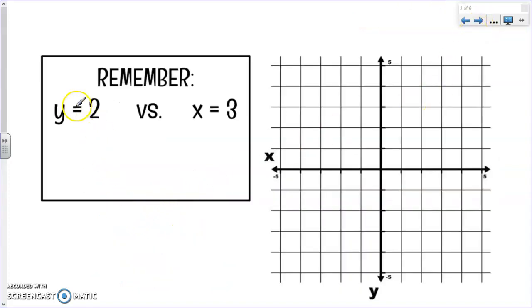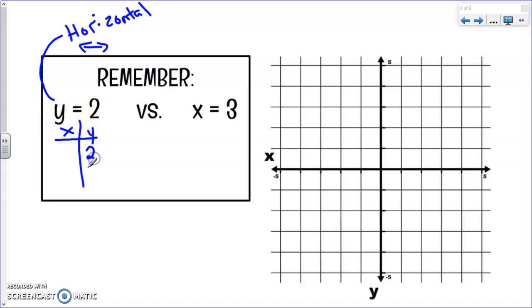All right, so let's remember, when y equals 2, that is a horizontal line. Okay, that goes left or right. So let's talk about y. If we do a t-chart, y equals 2. So no matter what x is, y is going to equal 2.